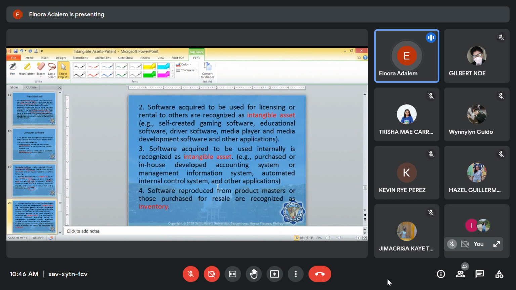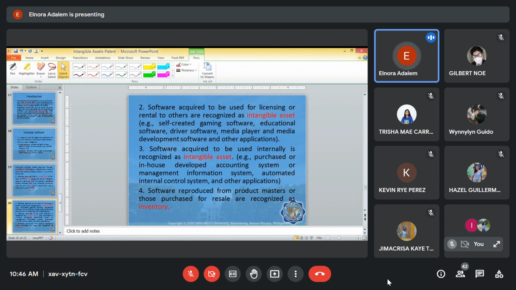Now, how about if software is acquired to be used for licensing or rental to others? They are recognized as intangible assets. Examples are self-created gaming software, educational software, driver software, and media software like your SAP. That will be considered an intangible asset because it was bought separately from the PPE.